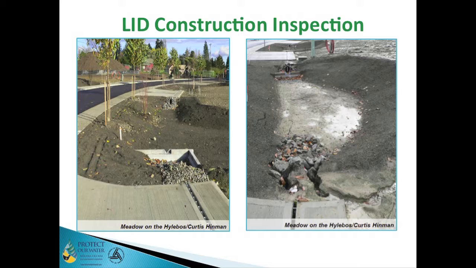And I lost a slide in here somewhere, but I'm going to mention it right here because I think this is a good point. When we build linear projects like we often do for the DOT, the designer goes out and does some pre-site inspections. They do some test pits and maybe infiltration tests at 1, 2, 3, maybe 4 locations. And then we get a plan set back, and we've got 2 miles of street side improvements that we're going to do, and we're going to put bioswales in 8 different sections along this road.